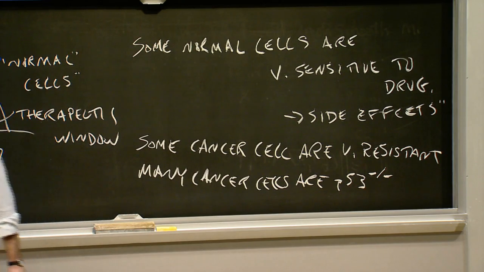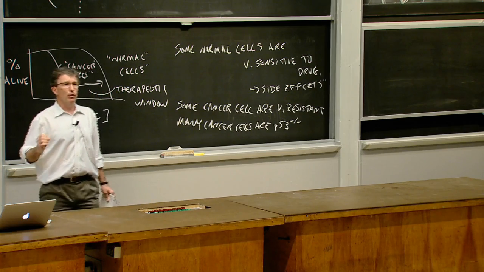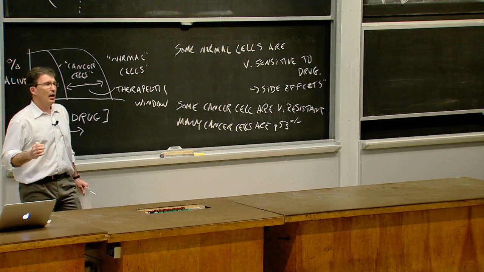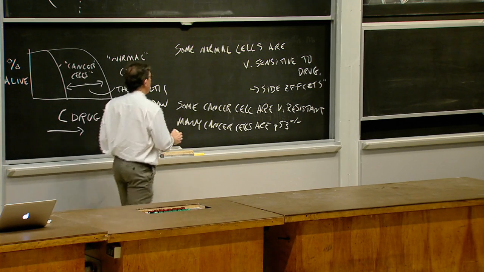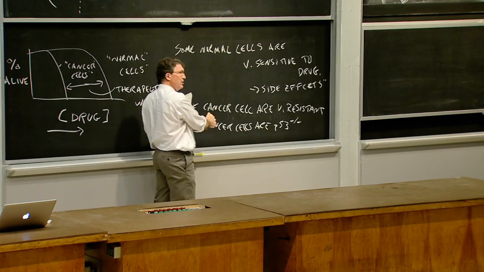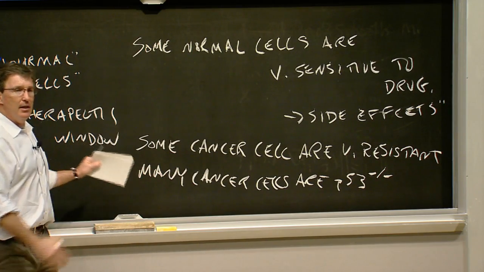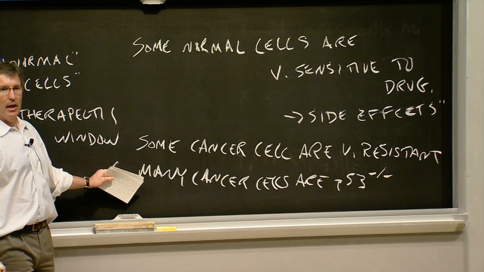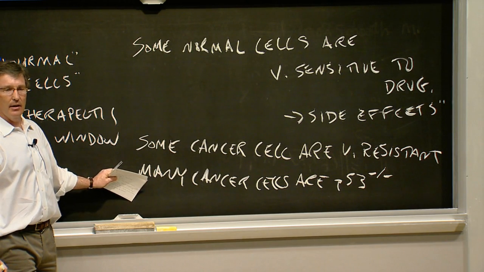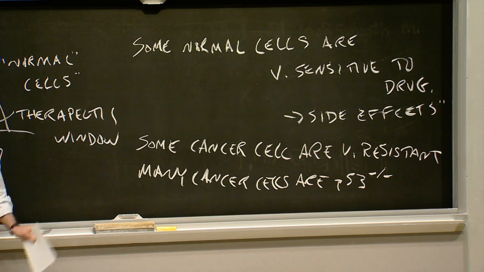I told you that p53 is mutated in about 50% or more of human cancers. I also told you that p53 was required for cells to respond to DNA damage and die. And these cells lack that protein and therefore are very resistant to dying. So many therapeutics don't work because this important machinery is lacking.